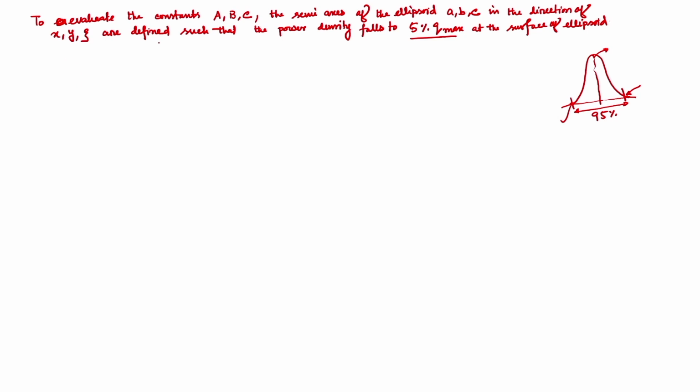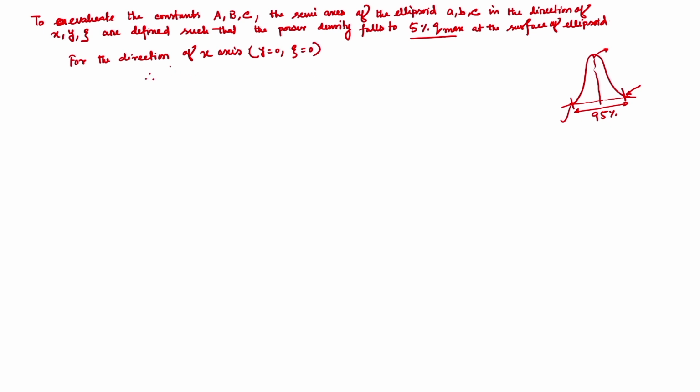By using this condition, for the direction of the x axis, where generally y equal to 0 as well as zeta equal to 0, first we will find the A value.